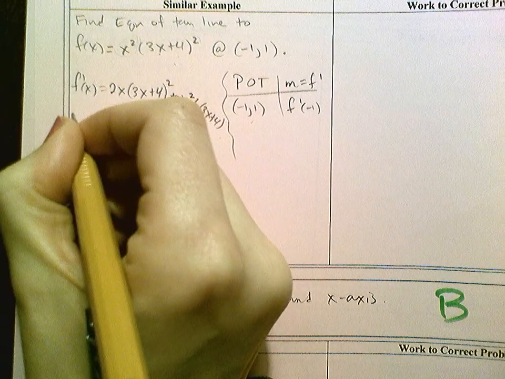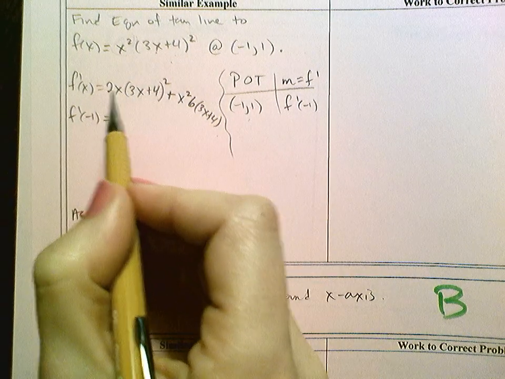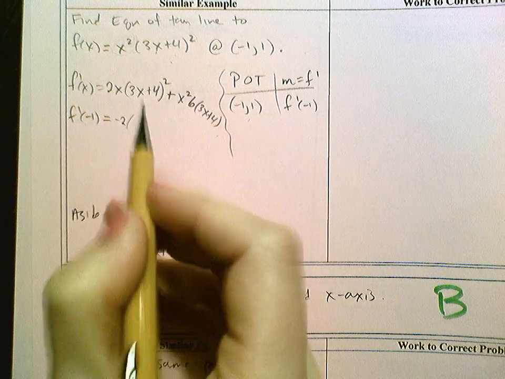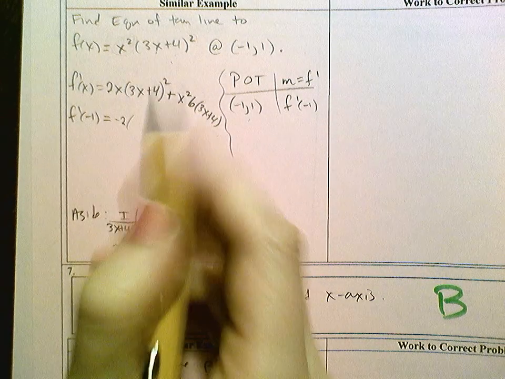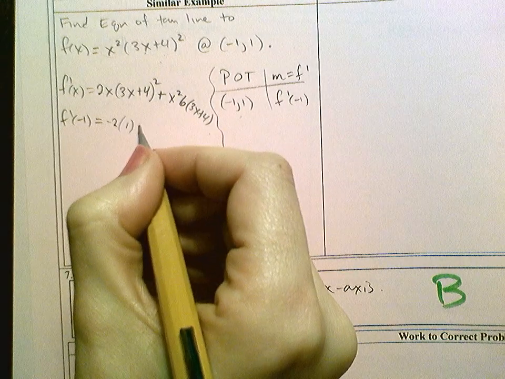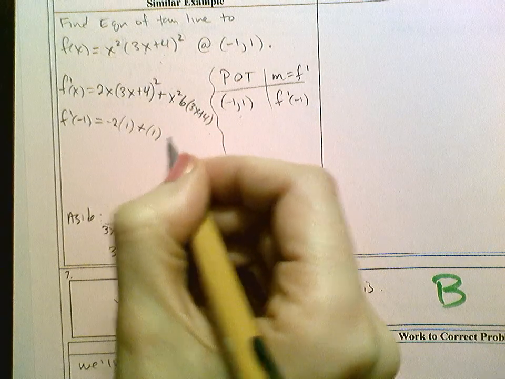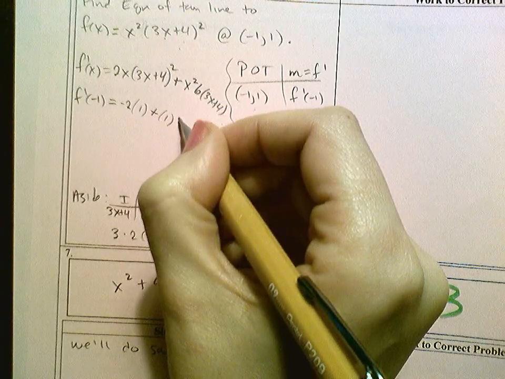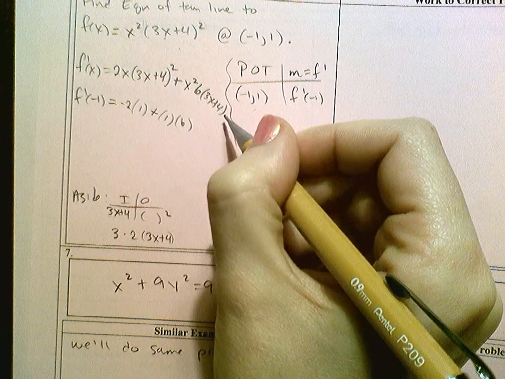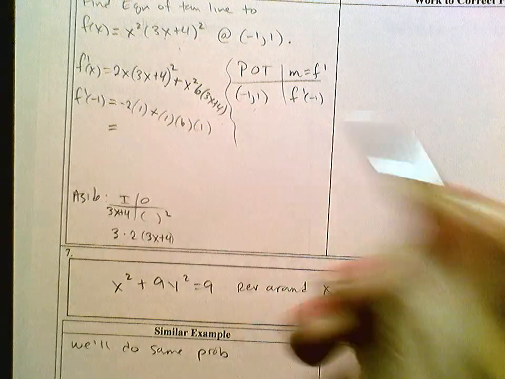So f prime of -1, all right, this here will be -2, and then this is going to be just 1, and then that'll be just 1. Do I have enough room? 6, and then this will be 1, right? I think I'm right.